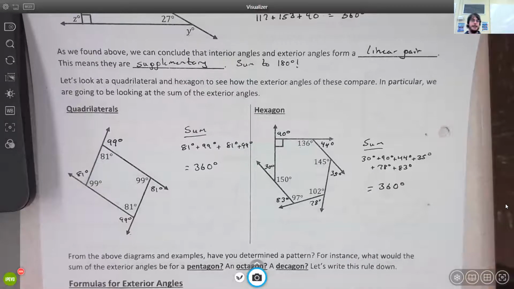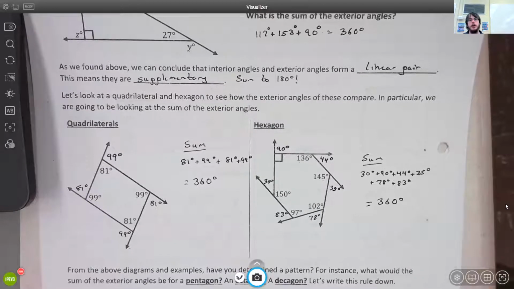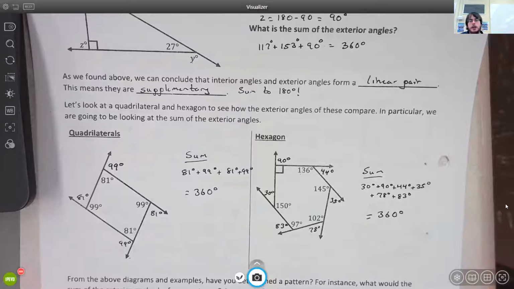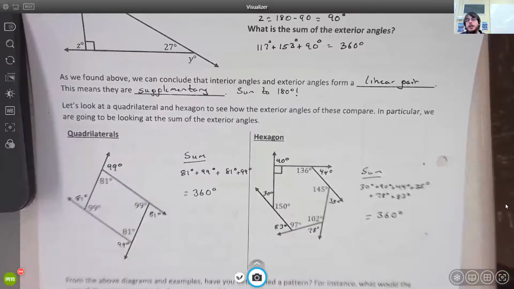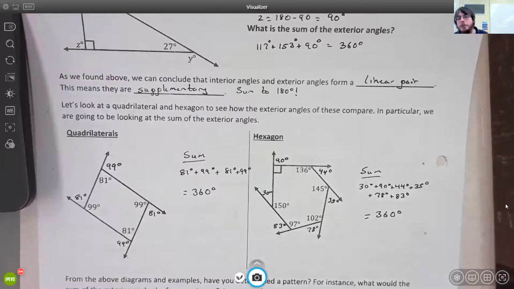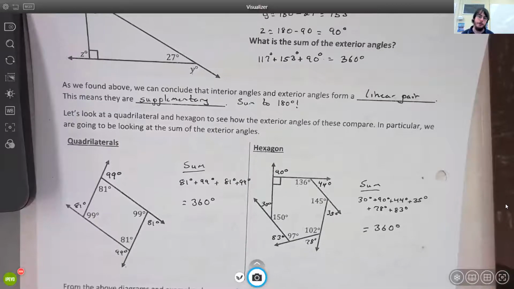So it seems like no matter what type of shape we deal with, the sum of the exterior angles is always 360 degrees. And this is true. The sum of the exterior angles for any convex polygon will always be 360. It doesn't matter whether you have a pentagon, hexagon, heptagon, octagon, and so on. It does not matter.